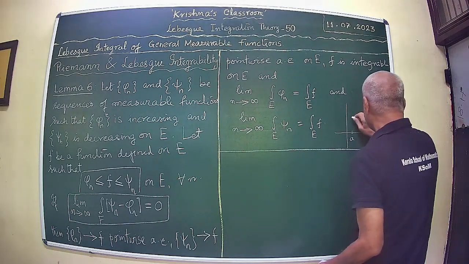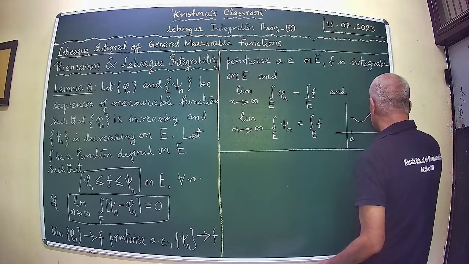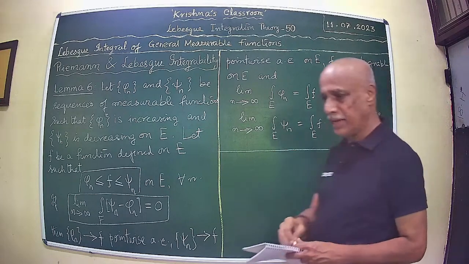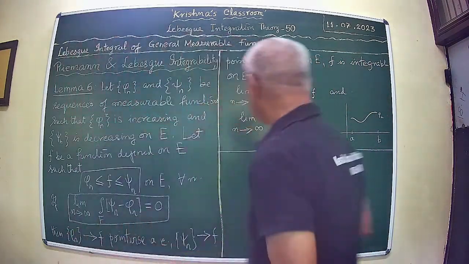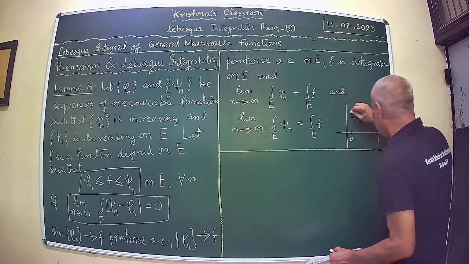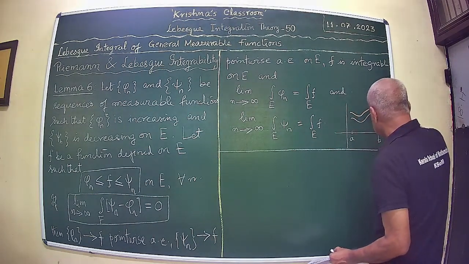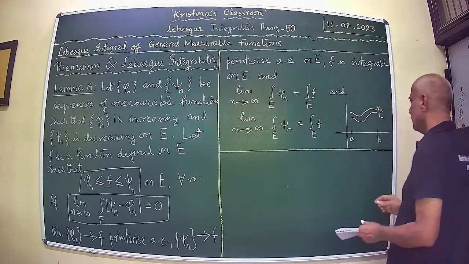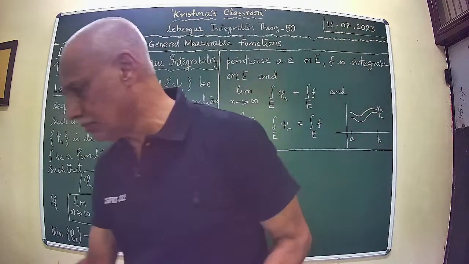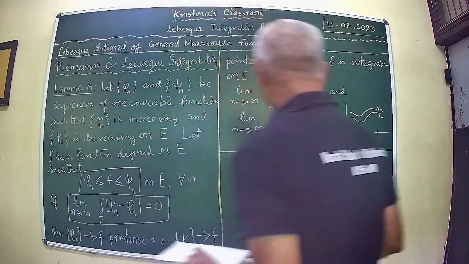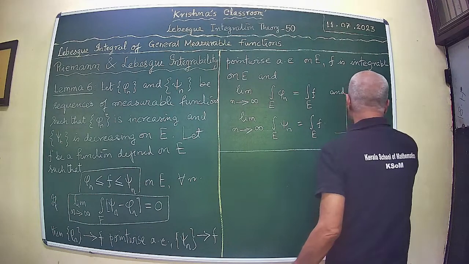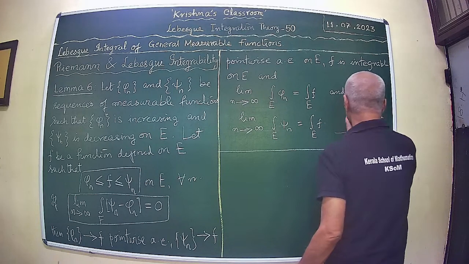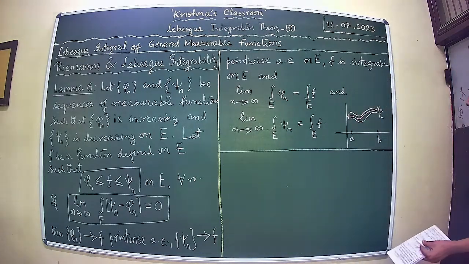So you have this is phi n, and you have psi n, and then you have an f that is squeezed between them.